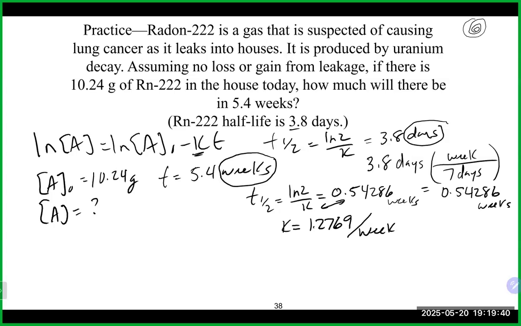Any questions on that there? At this point, we now have K in the same units as my T. So we should be good to go to pop it in here.